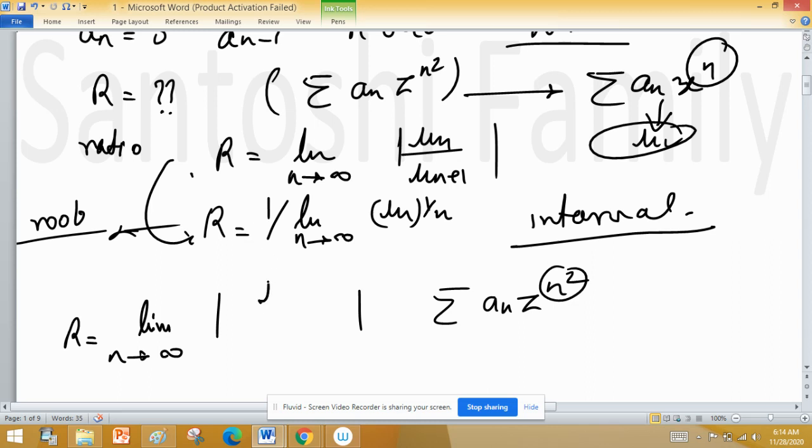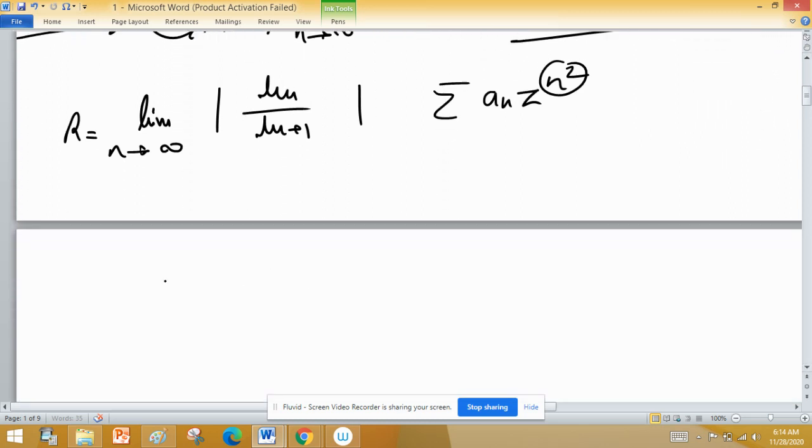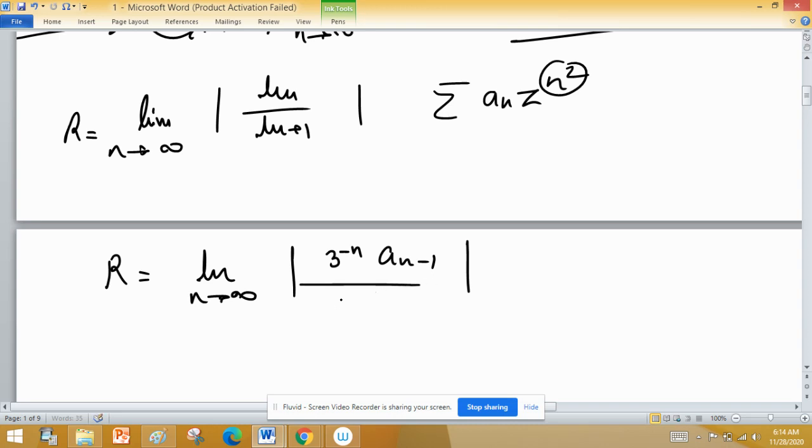So it will be |u_n / u_(n+1)|, and R will be the limit as n tends to infinity. As u_n is given to us as 3^(-n) a_(n-1), this is the recurrence formula. The recurrence formula gives the term using the previous term, so when it is given, put n+1 only for the larger one.